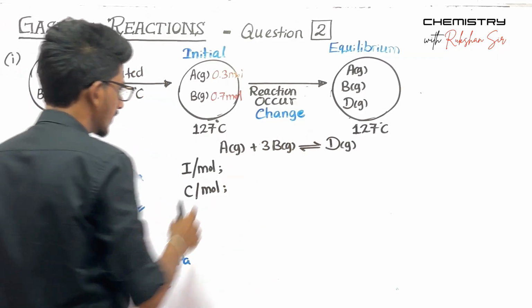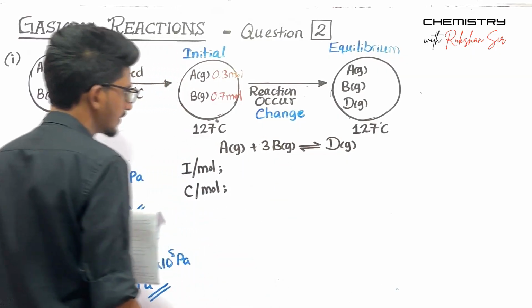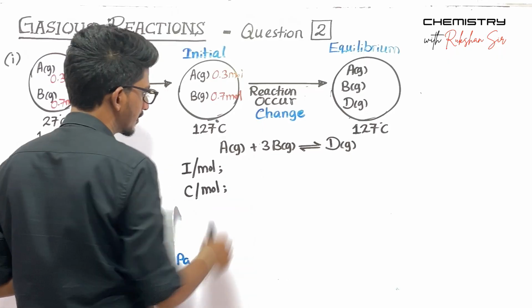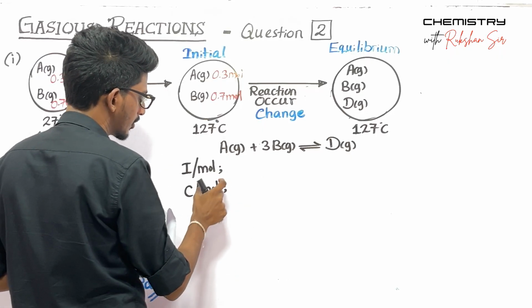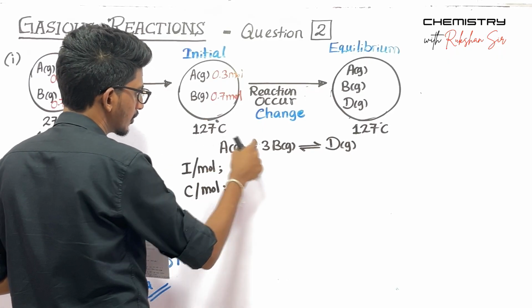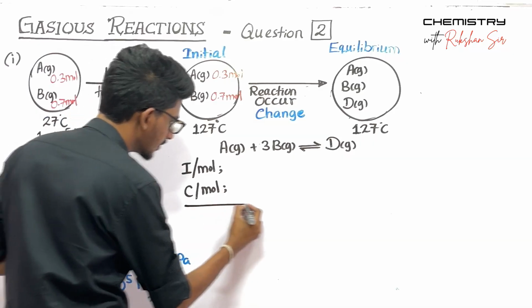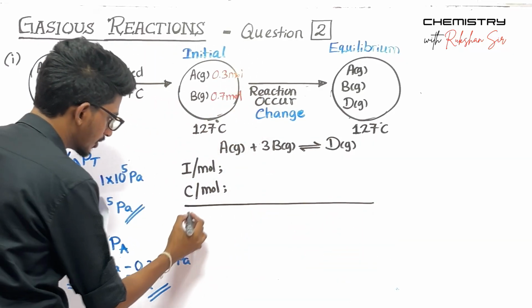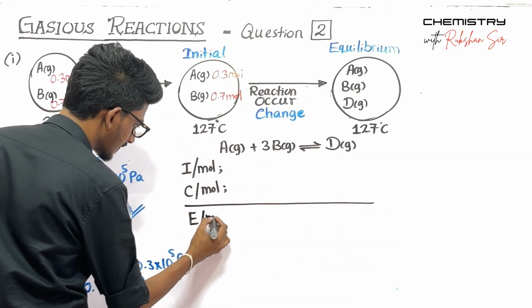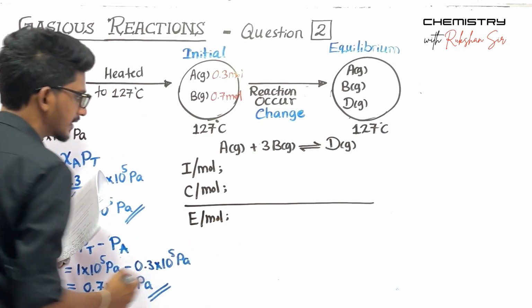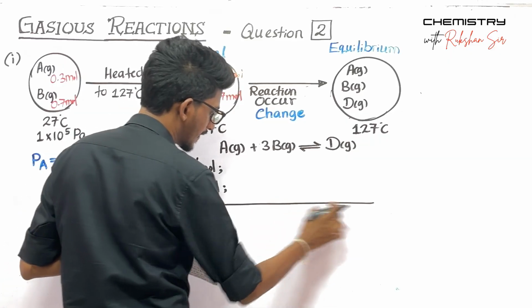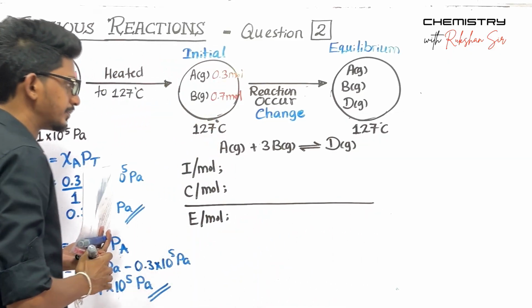According to stoichiometry, the change always occurs according to the stoichiometric ratio. And finally, you have the equilibrium situation. The moles of that will be filled at this row, right?